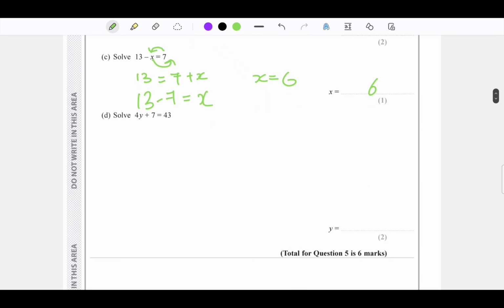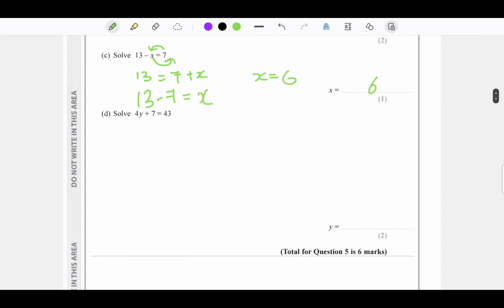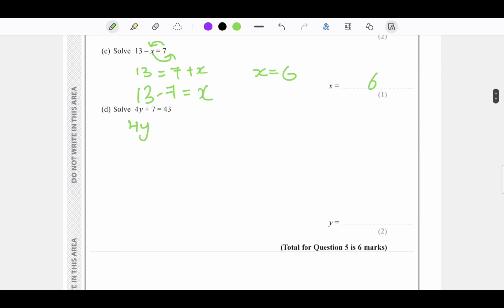So 5D, similar kind of question. 4y would remain here since y is already positive. We're going to bring 7 across the equals sign. That would make it negative. And then we're going to bring 4 to the other side of the equals sign.